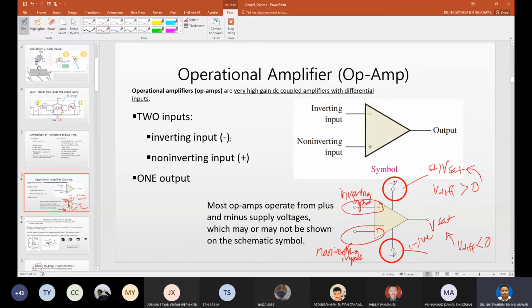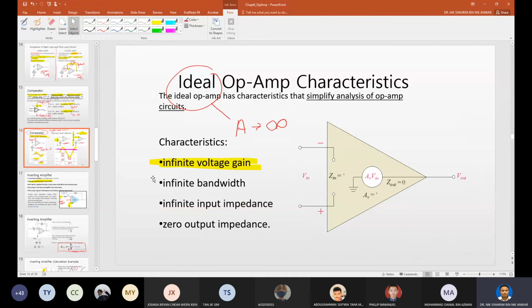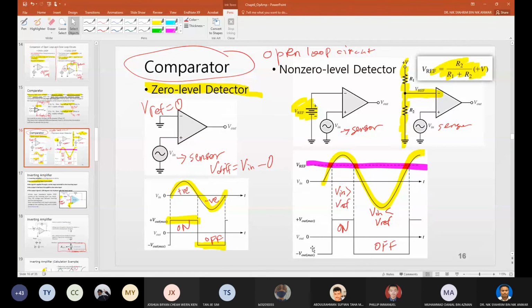So that's why in a comparator circuit, for example, you are comparing the yellow signal and the purple signal here.